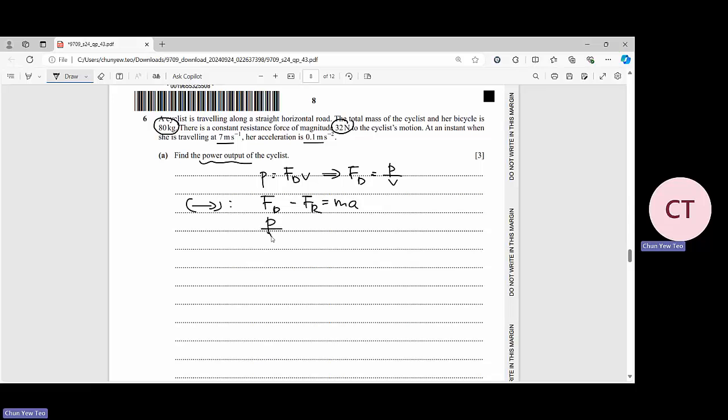So we put P over V minus 32 is equal to 80A. When V is equal to 7, your P you do not know, your A is 0.1. So P over 7 minus 32 is equal to 80 times A. So you have P as 280 watt. That is the answer for part A. Done.